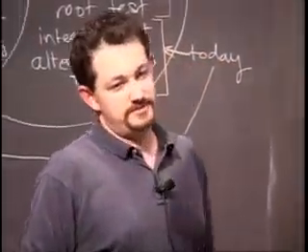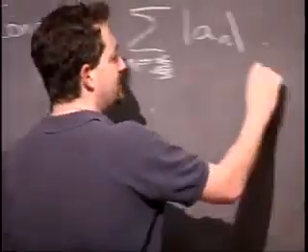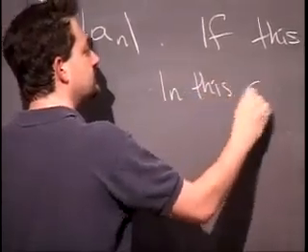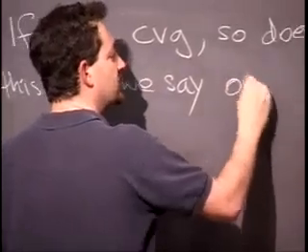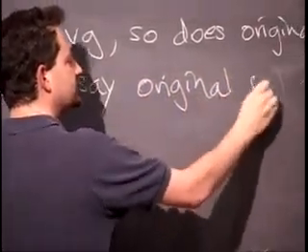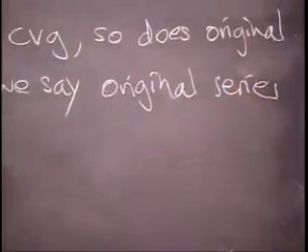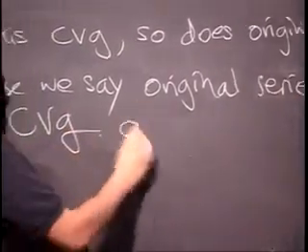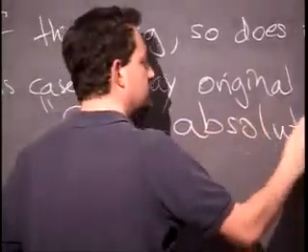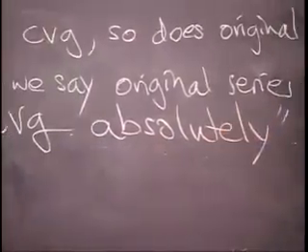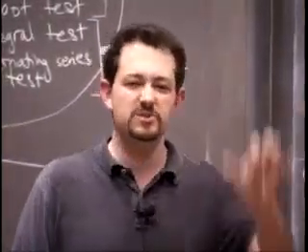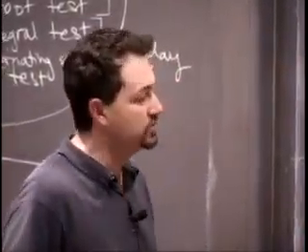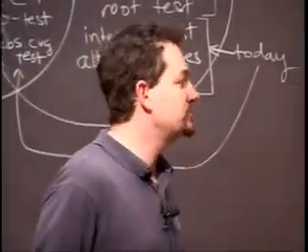Okay, a few comments. First comment, in this case, we say the original series converges absolutely. So there's a special name. If I say a series converges absolutely, what I mean is that if you took the same series but whacked absolute values around each term, it still converges.